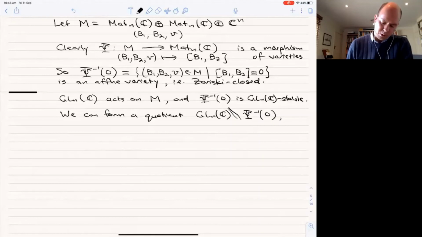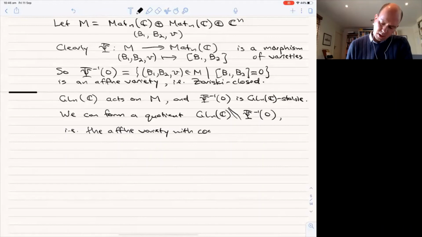When you do that, all you're doing is taking another affine variety, the one whose coordinate algebra is the GLN(C) invariant functions on this affine variety.